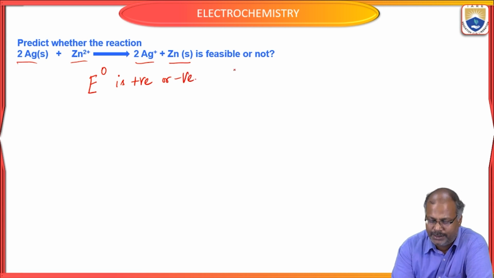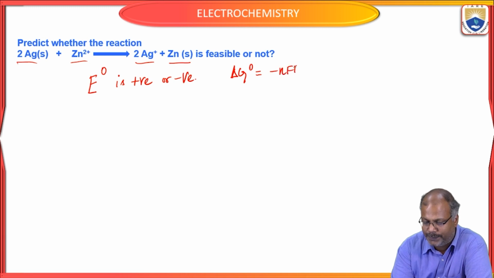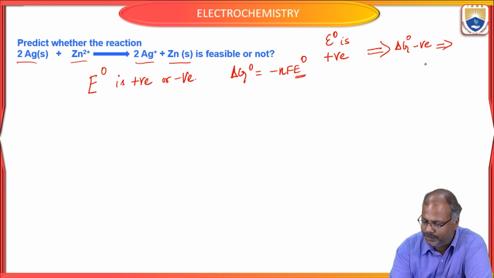Then we can say, based on delta G naught is equal to minus nFE naught. So, if E naught is positive, delta G naught is negative, then spontaneous, or we can say feasible.